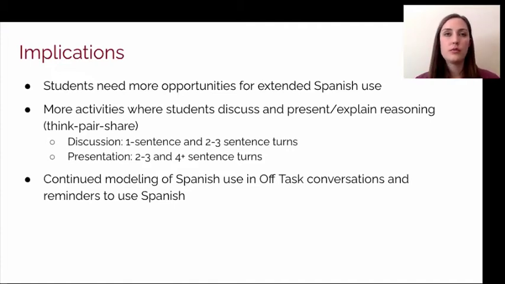So the program may want to take a closer look at the classes that make up the immersion program for each year, and the language that's being produced in those, especially if the goal is to achieve those high levels of bilingualism and biliteracy that are the goals of DLI, and especially since these students have the opportunity to prepare for receiving awards like the Seal of Biliteracy.